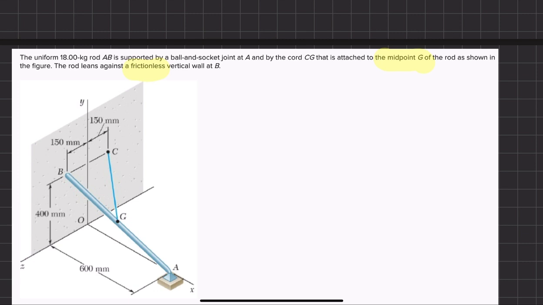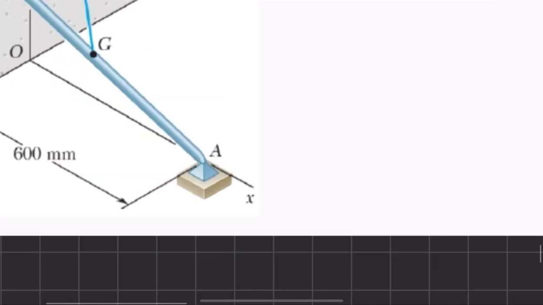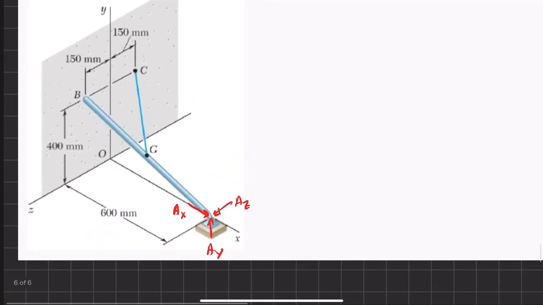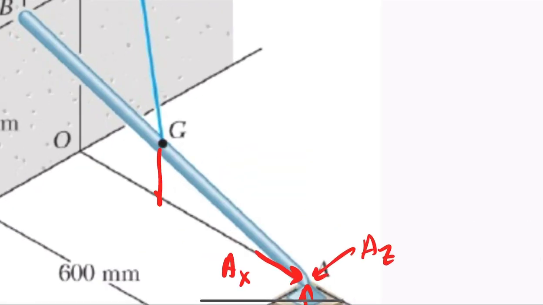So, let's draw our free body diagram as always. We can see that A is at a point here that can rotate, but it can't move in any direction, so we'll have an AY. Sorry, that's an AY. This is AX, and this is AZ. We have our weight going down right here.